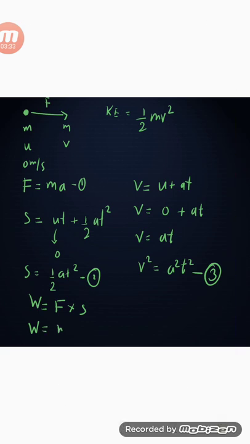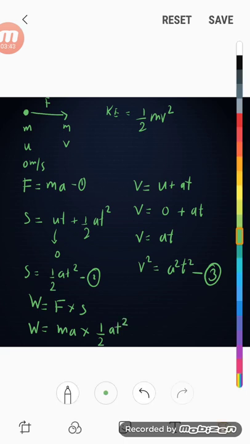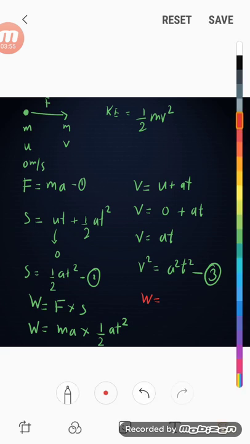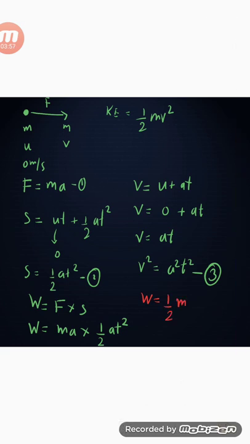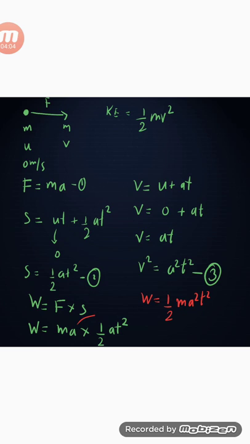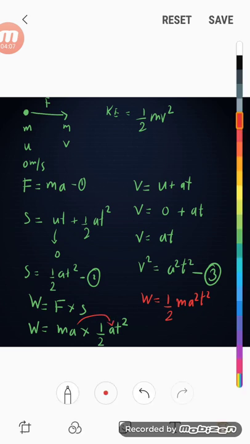In place of F there will be ma, in place of s there will be half at square. So what do we get there? W equals half m a square t square, right? Half m a into a square and then t square.